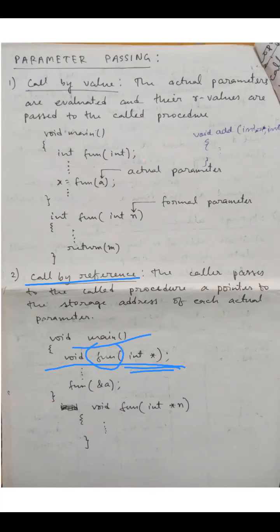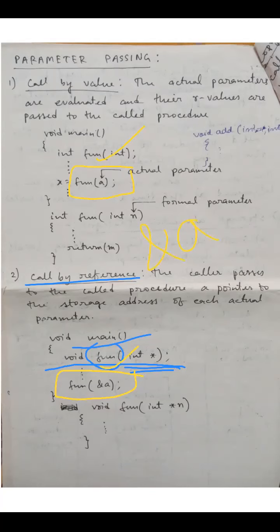Now look at the parameter passing part: fun(&a). In the previous case it was fun(a), which simply passes the value of a. But when you write ampersand a, you are passing the address of variable a.